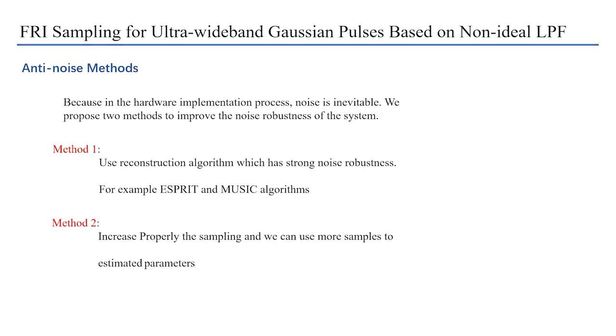When estimating parameters with noise, we can properly increase the sampling frequency, which should be greater than 2 times the filter cutoff frequency, and use more samples to estimate the parameters.